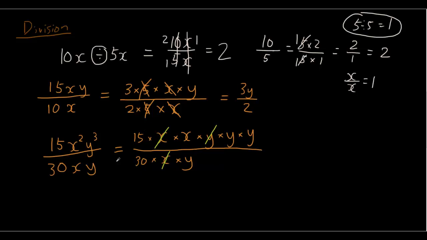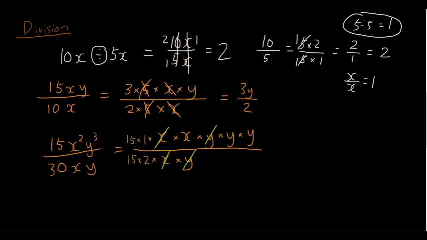Or if you want to simplify it using the way that we showed you before, you can rewrite 15 as 15 times 1, and 30 you can rewrite it as 15 times 2.